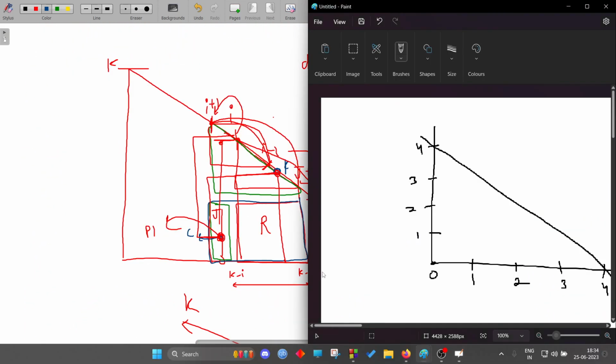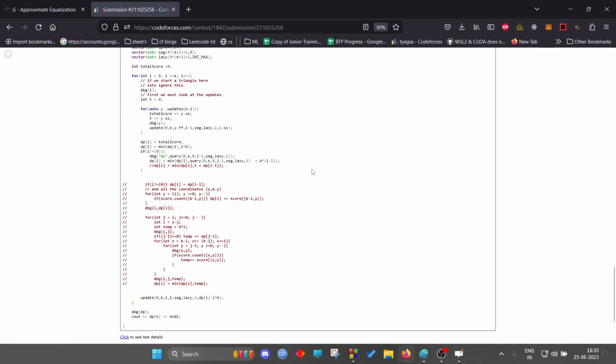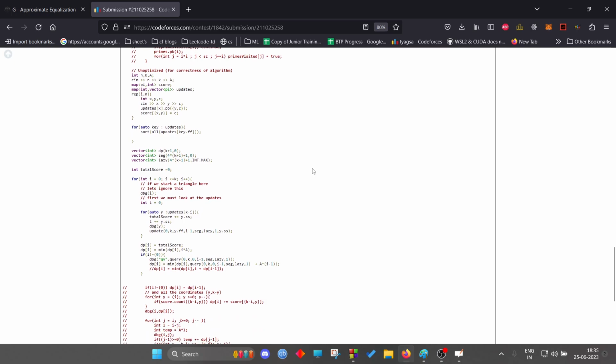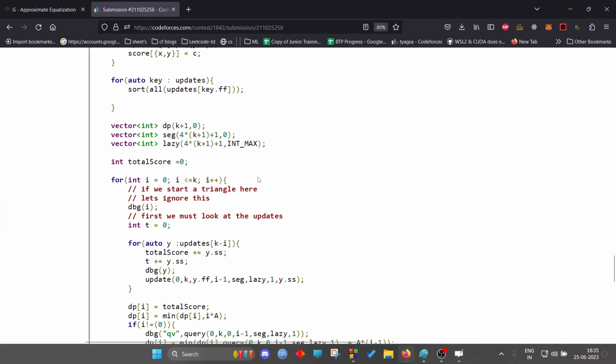I will now show you my code for this. Since you are making range updates and also range queries, you will need to use a lazy segment tree.